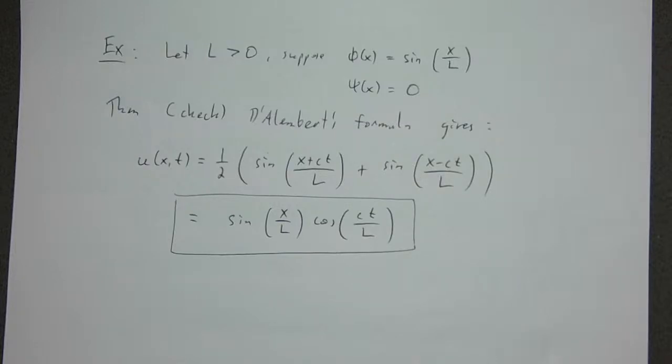The question is, would we expect that in general? Well, maybe not. We'll have to think about that. It turns out this is a pretty special solution, but D'Alembert's formula just immediately gives us this thing. Okay, so we'll think about the implications of this next time.